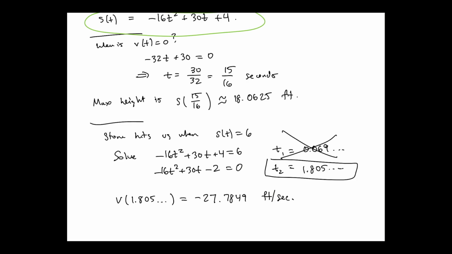The first derivative is minus 32t. So the first derivative is the acceleration? No, the second derivative of position is. What's the first derivative of this? It's minus 32t. So what's the derivative of that? Minus 32.